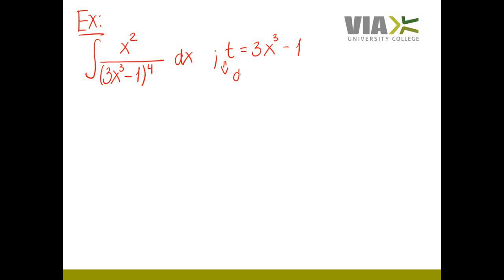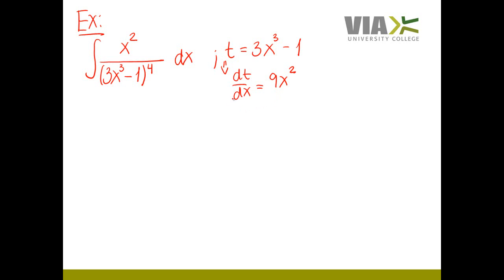We differentiate that for x, so dt/dx must be equal to 9x squared. Then we see that if we multiply with dx on both sides, we get 9x squared dx, but we only have x squared dx in our original given assignment.